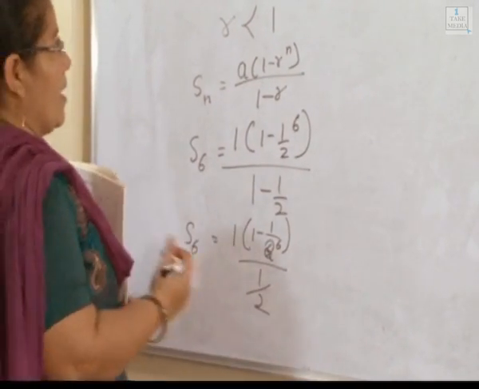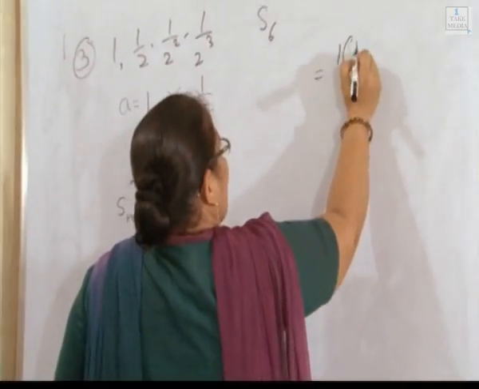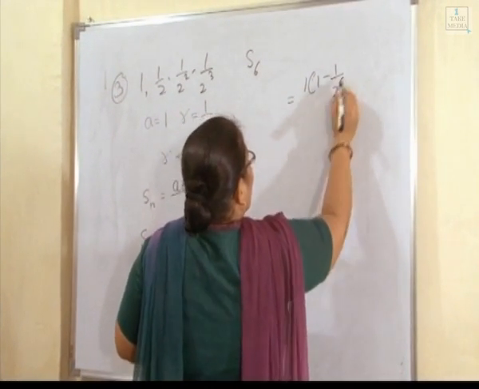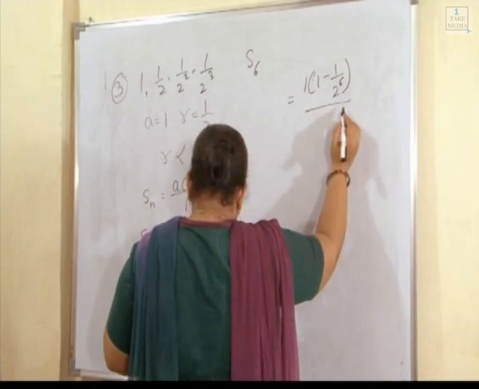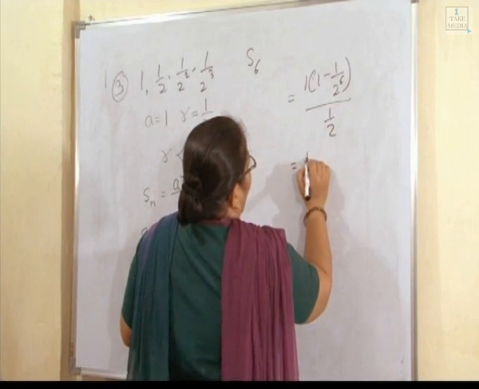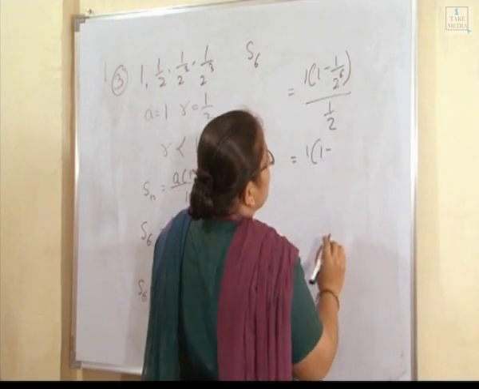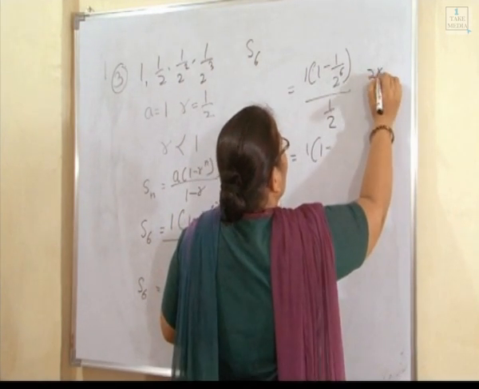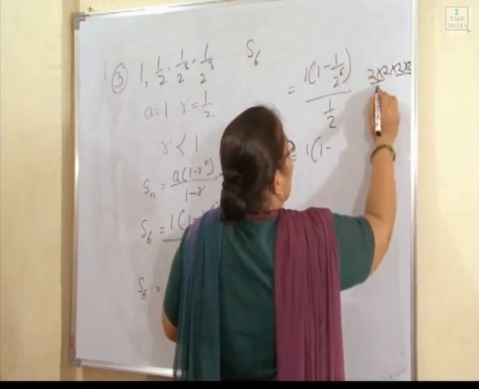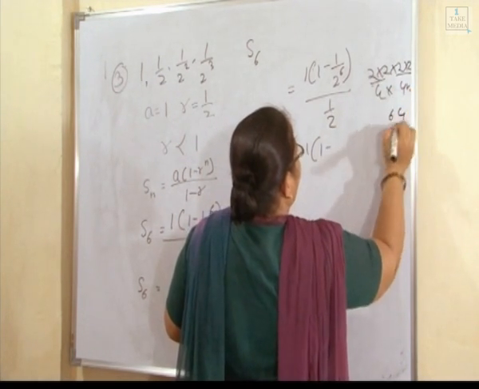Right? Again, here 1 minus 1 upon 2 raised to 6, upon half. So 2 raised to 2 is 4, 2 into 2 into 2 into 2. This comes 4 into 4 into 4, which means 64.